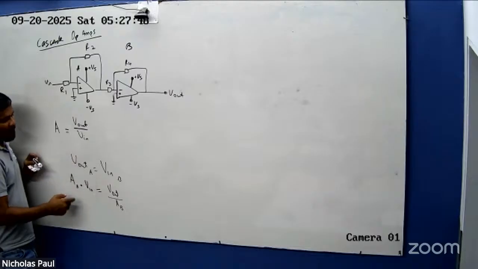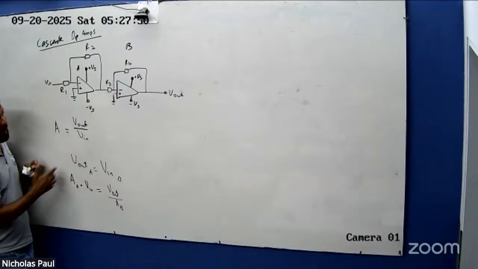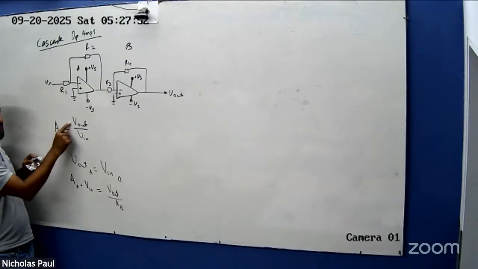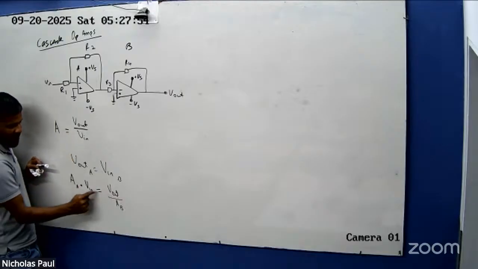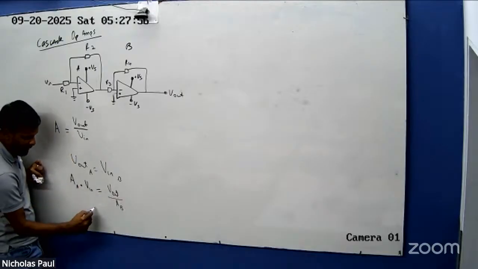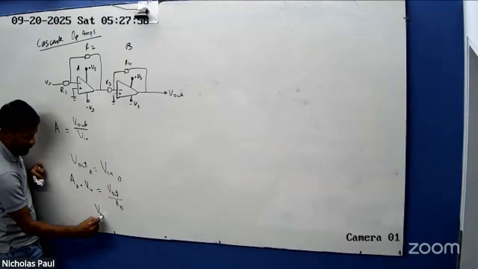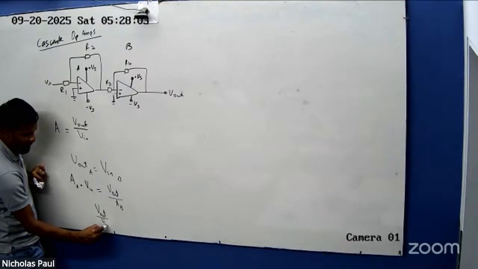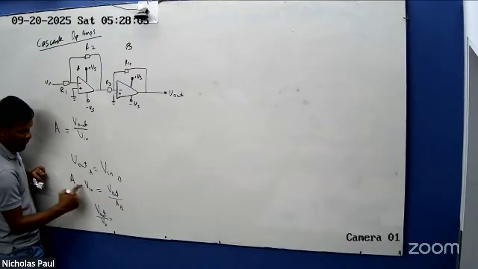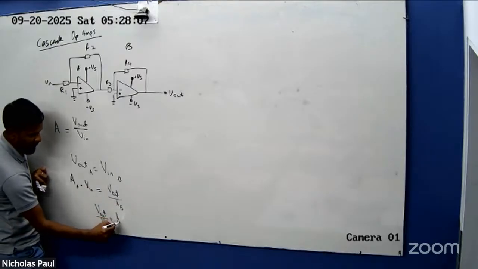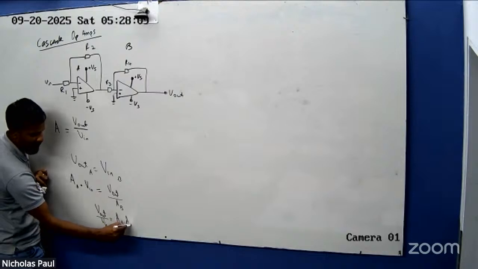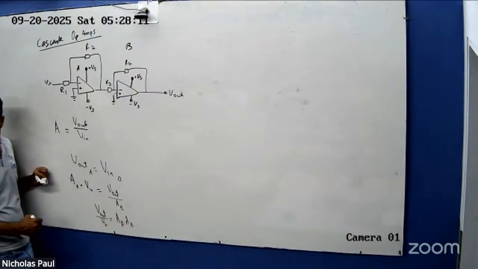So what do I need to find the gain again? I need V out and V in. So I'm just going to make V out and V in the subject. So that'll be V out over V in. The V in goes in here and I'm bringing across this: the gain of A by the gain of B. You recognize that?